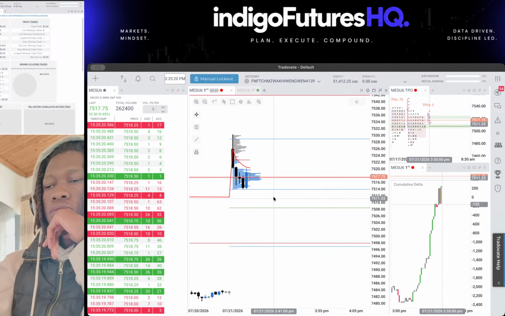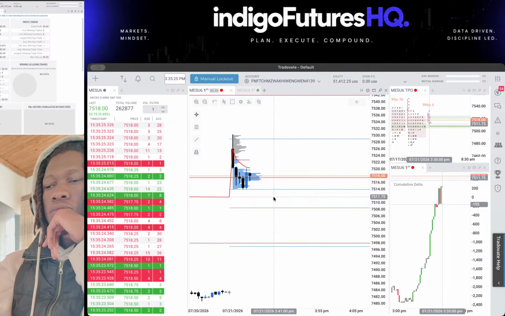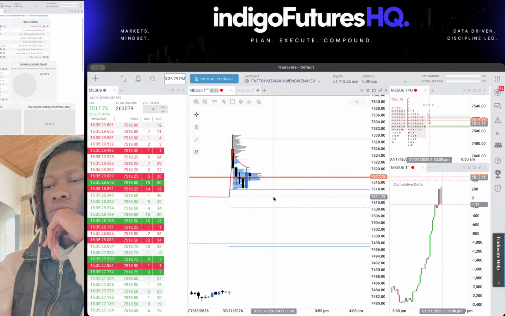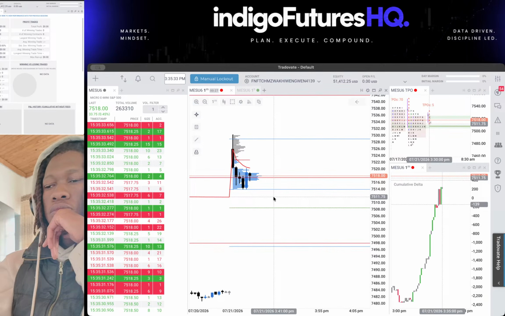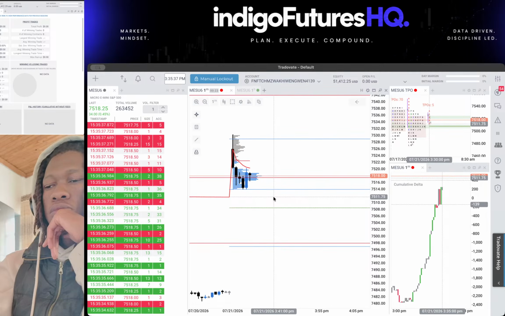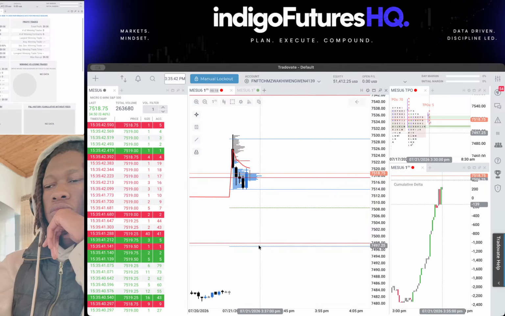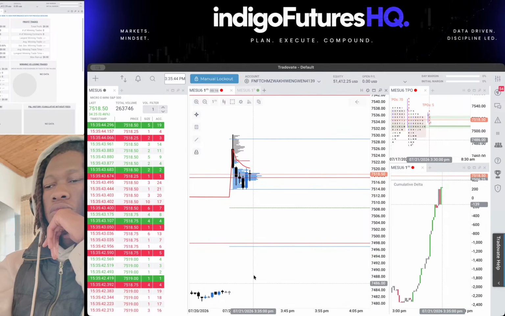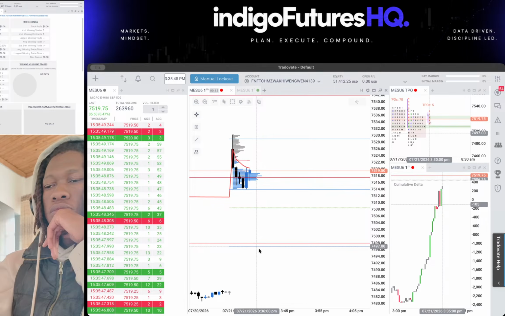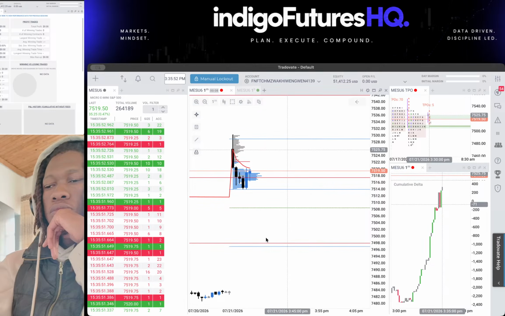Not too confident with longing overnight point of control right now. Just doesn't feel right now. Overnight value area low, perhaps. I still would have this gap to fill, but if we start showing weakness around here, then yeah, maybe a buy stop from here, back up.